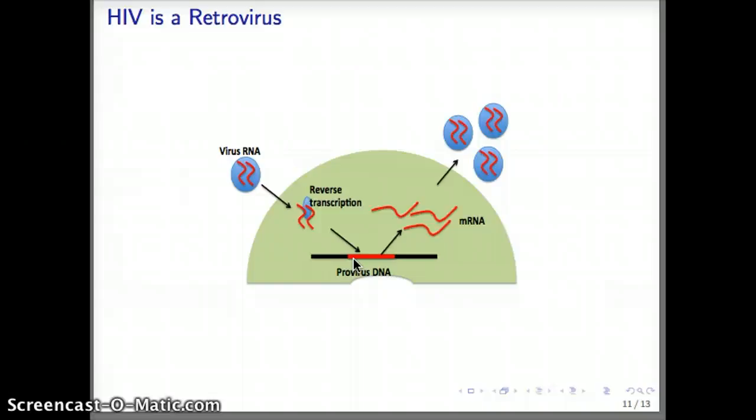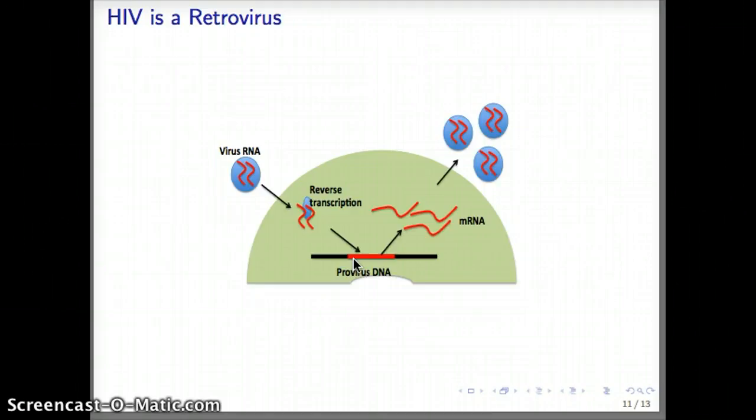These words are a bit of a mouthful. It produces an RNA and DNA heteroduplex, and eventually this yields what is called double-stranded viral DNA.